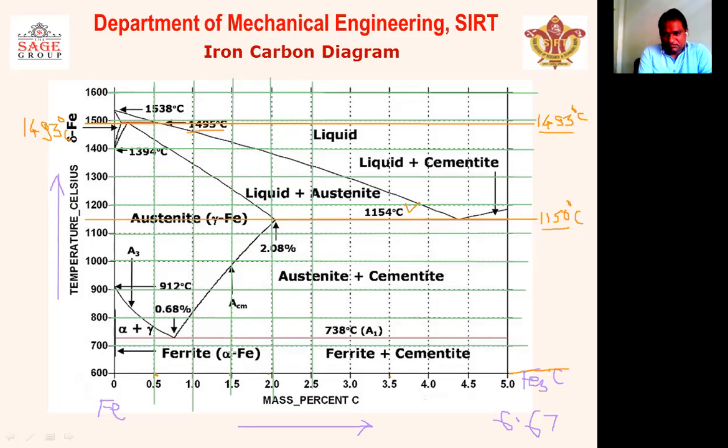And now third line that I am going to draw will be drawn from here. The temperature is mentioned, that is 738 degrees Celsius. So draw the third line at the temperature 738 degrees Celsius.